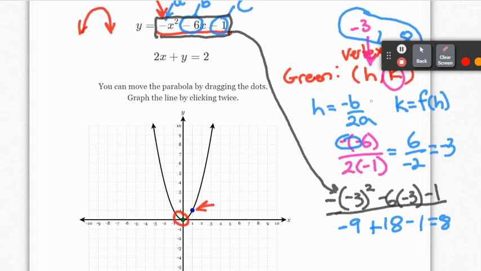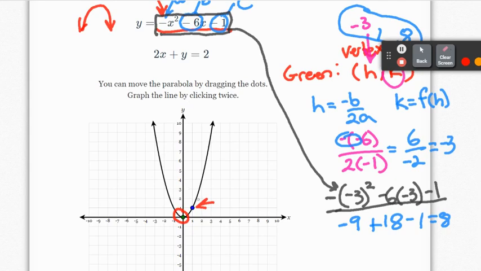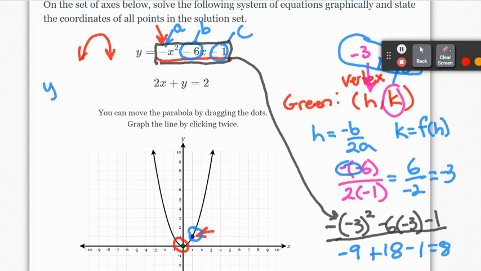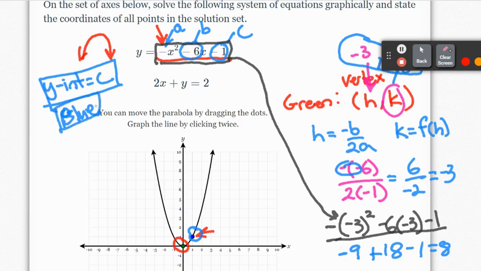And then every time the blue dot, we want to just go ahead and make become the y-intercept. The y-intercept, if you're in standard form for a quadratic, is always equal to the c value. So all we have to do is just call the blue dot whatever the c value is. So since the c value here is -1, we're going to connect it at -1.